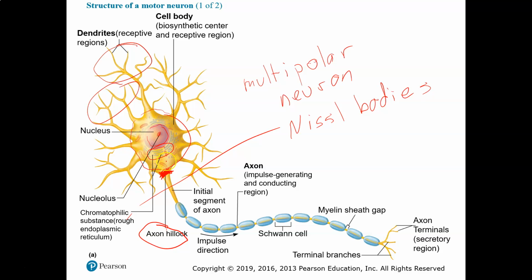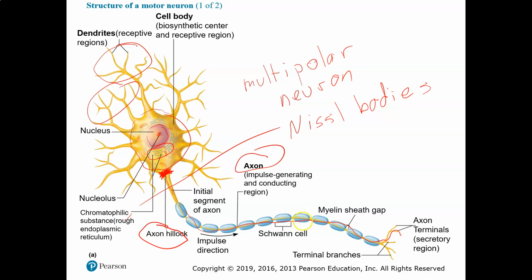All right, the axon is this whole thing that leads from the cell body, has branches, and it is going to generate an action potential or nerve impulse and conduct it all the way to a target. And this is a peripheral neuron, and you can tell that why?